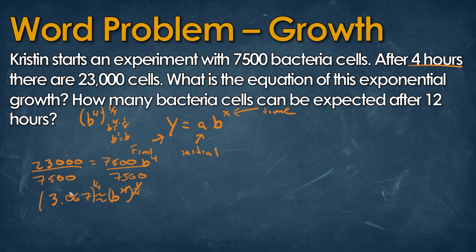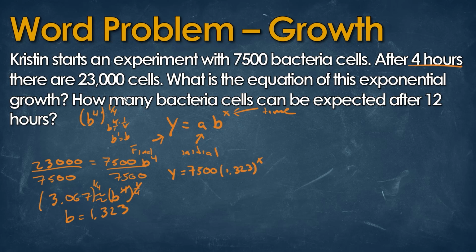And if we take the value of 3.067, raise it to the 1/4, we would get that b is equal to 1.323. So that would tell us that our final equation is going to be equal to y of 7,500 times 1.323 raised to the x power.